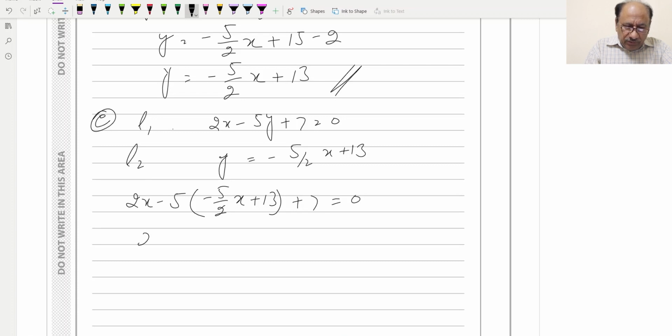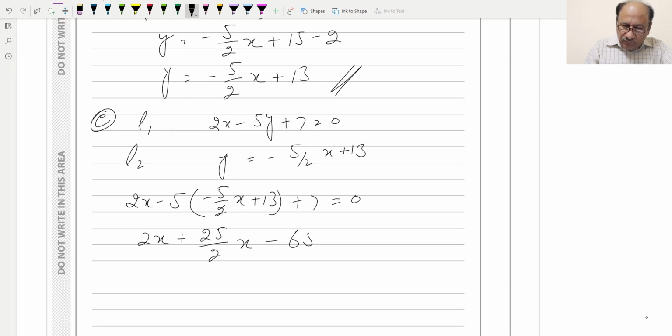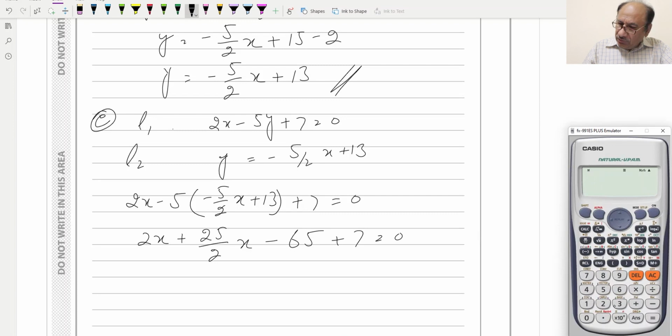So it will be 2x plus 25 by 2x, and minus 13 into 5 will be 65, and plus 7 is equal to 0. Now we can add these. Basically we can write 2 plus 25 over 2, which is equal to 29 by 2.